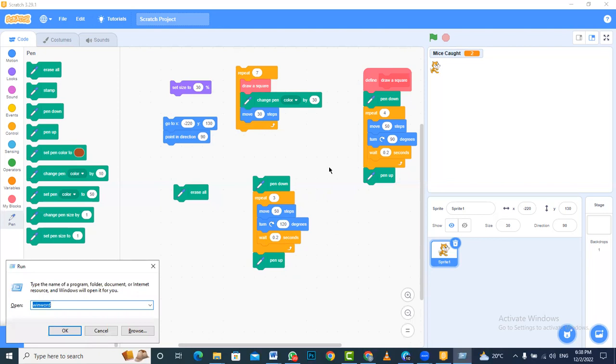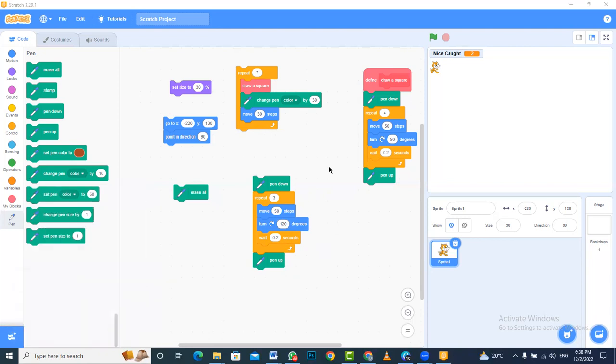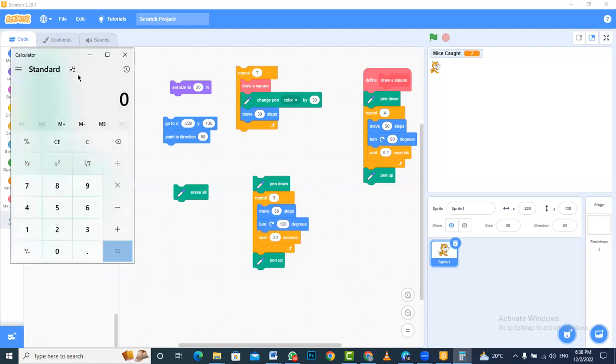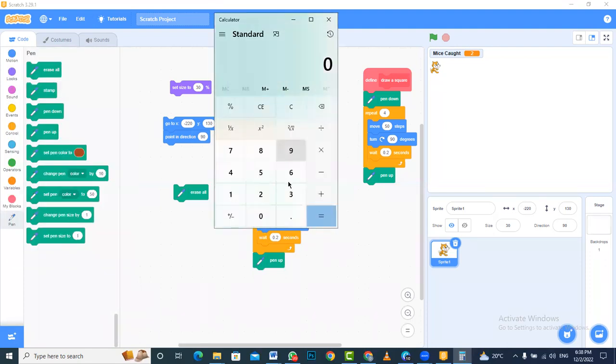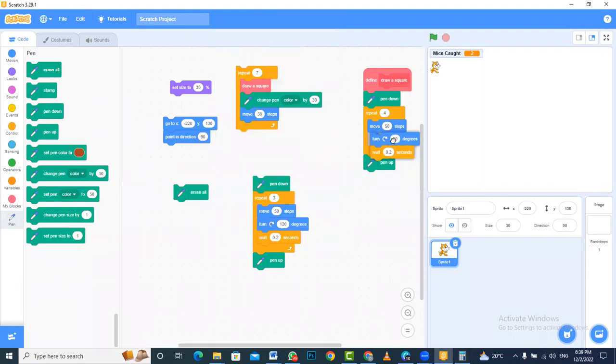Now, if I have to explain that formula, look at the calculator. Remember this number. What does this number say? 360. A square has how many sides? 4 sides. So you divide this by 4 and you get what? 90. So that is why you are turn 90 degrees when you are making a square, right?